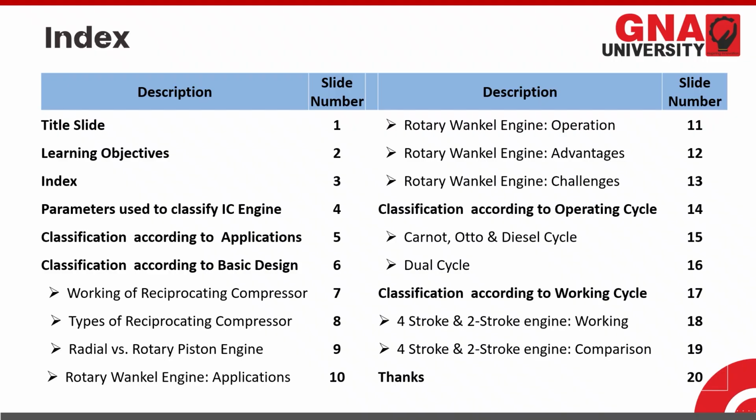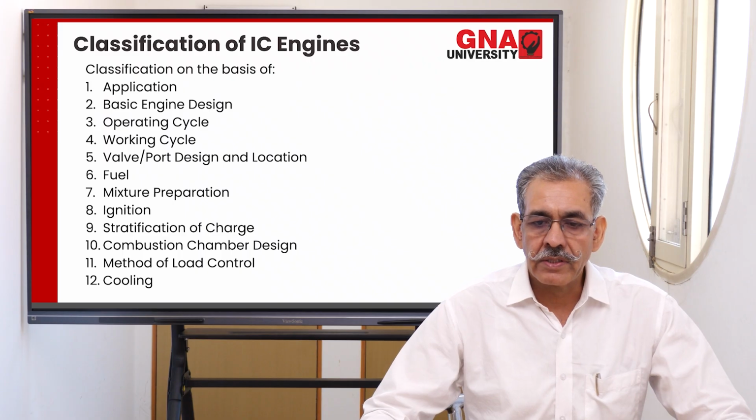In the rotary we also have the Wankel engine. Then we will be talking of classification according to operating cycle, covering Carnot, Otto, diesel and dual cycle. Then classification according to working cycle, that is 2-stroke and 4-stroke engines. Let us start with the presentation.